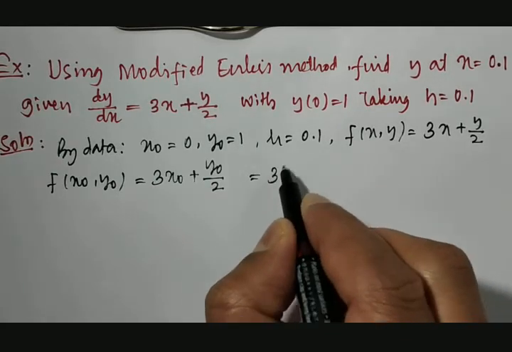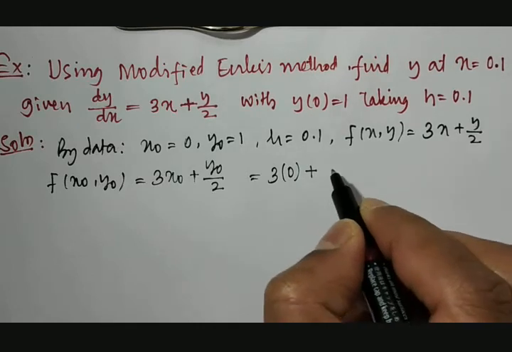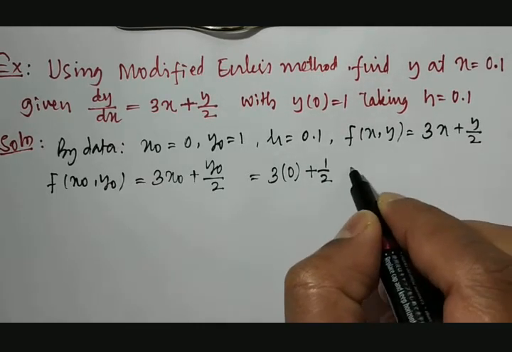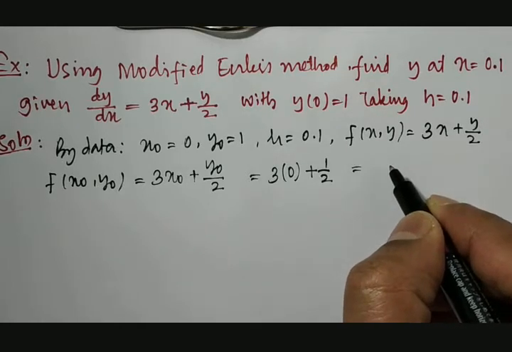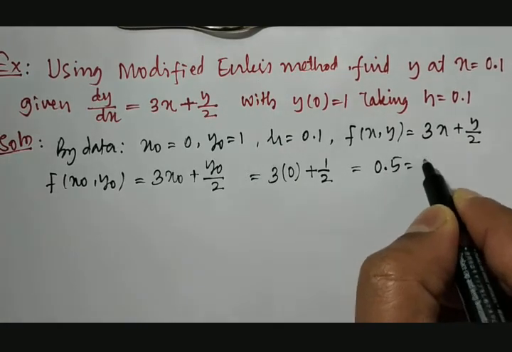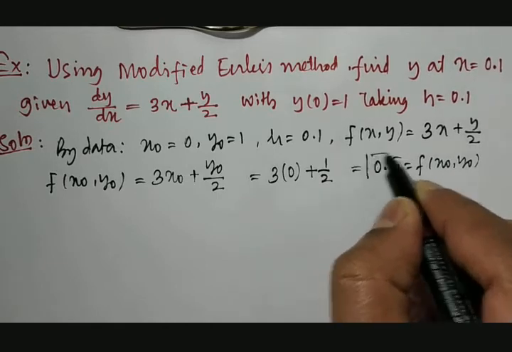Therefore, 3 times 0 plus 1, divided by 2, is equal to 0.5. So 0.5 is f of x naught, y naught.